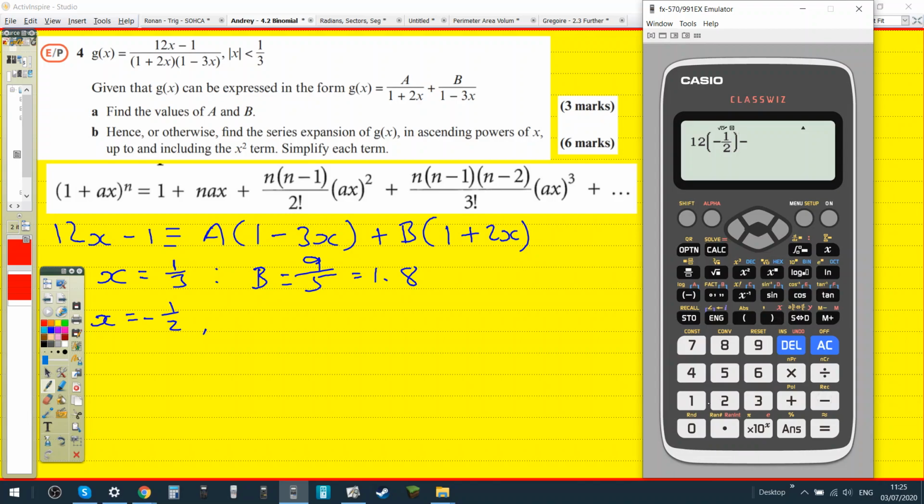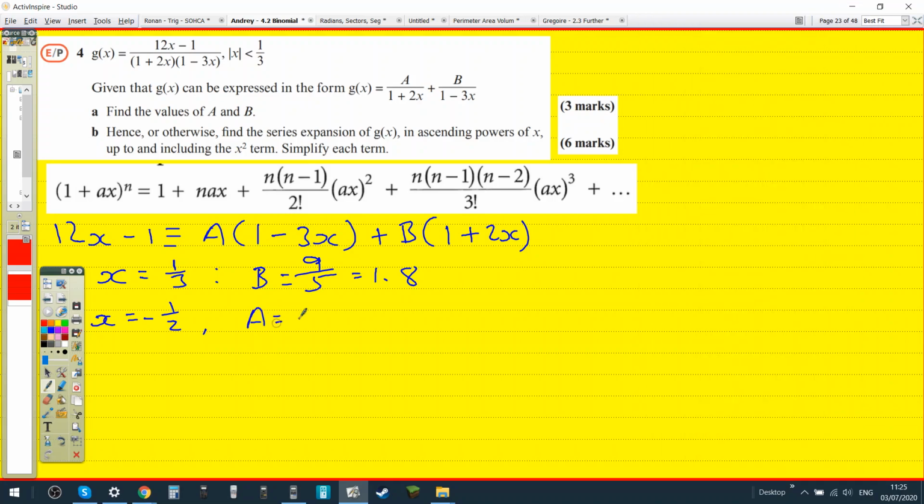I got that a is minus 2.8. What is that as a fraction? Minus 14 over 5.